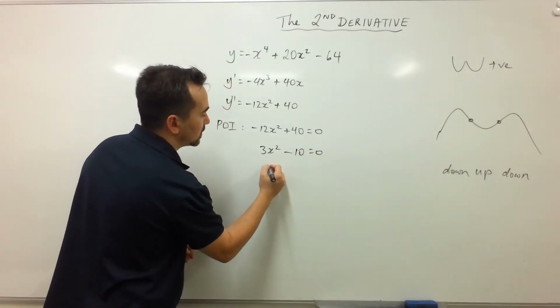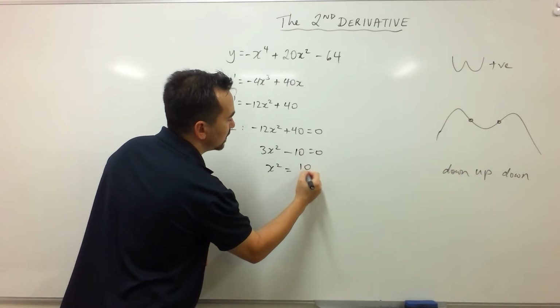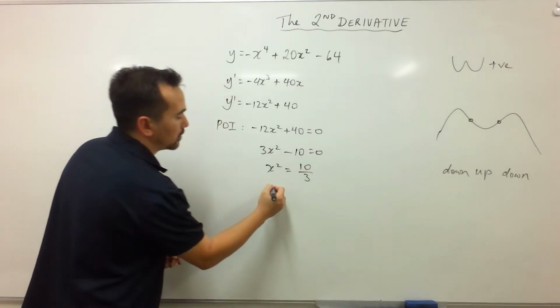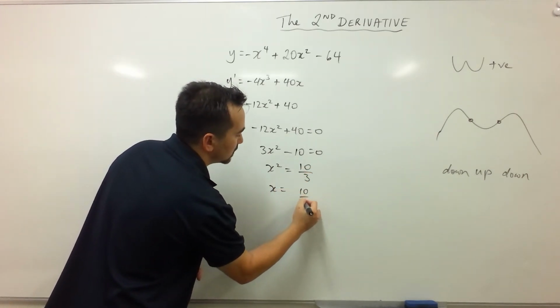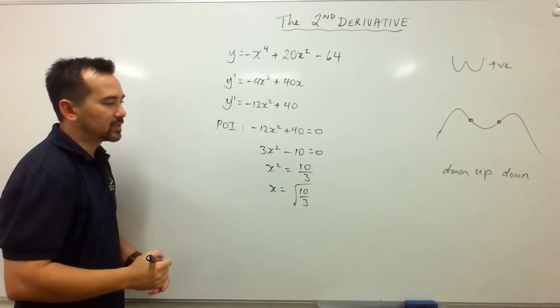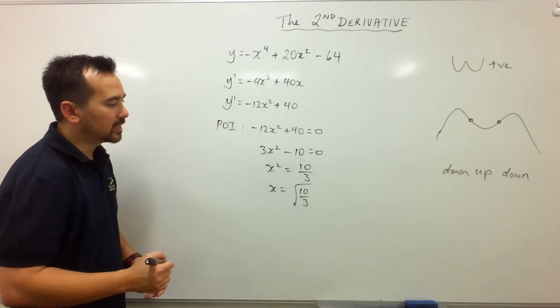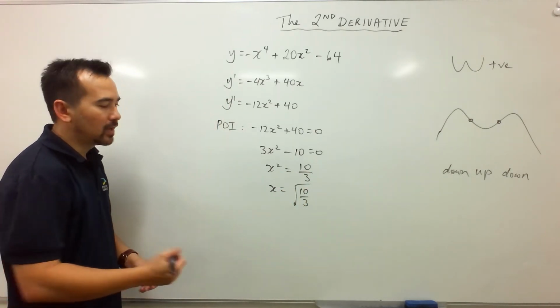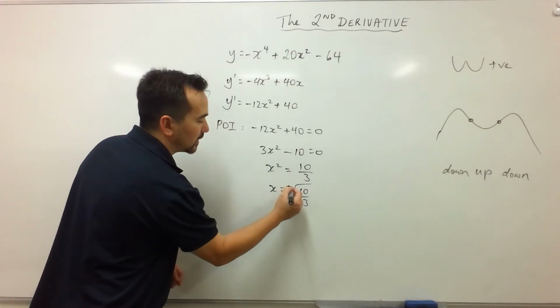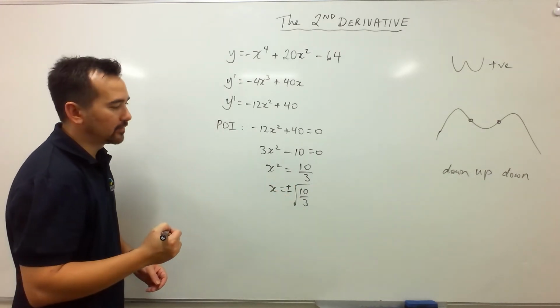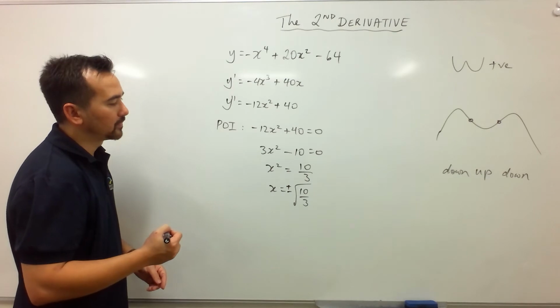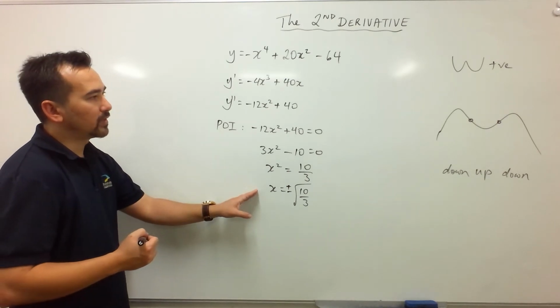Move the 10 across and divide by 3, and then I can square root both sides. So there's one answer. Where is my second answer going to be? When you take a square root, don't forget that there's always a negative answer with it. So that's where my points of inflection are.